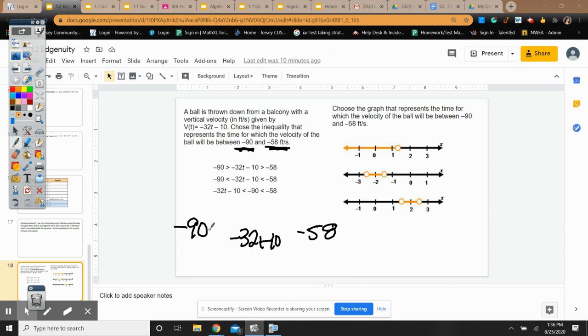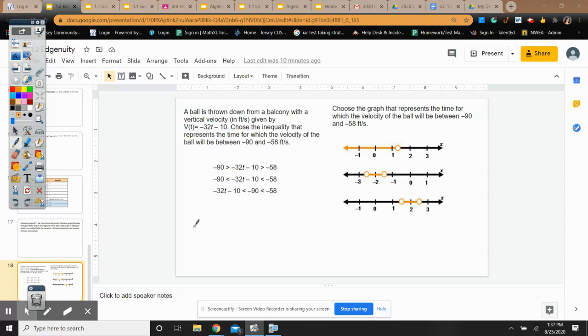If it's between, it has to be bigger than this one. So the equation has to be bigger than the -90. And it has to be less than the -58. It has to be between there. So you're looking at this one here. Now they want you to graph it.